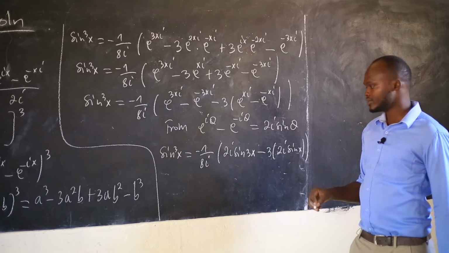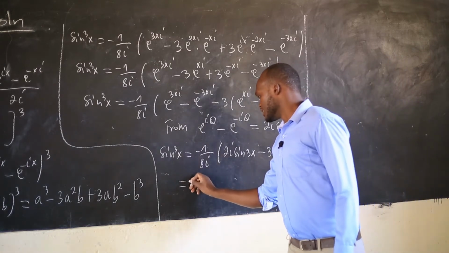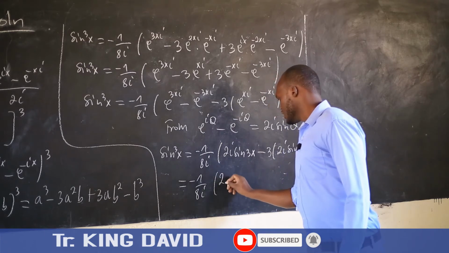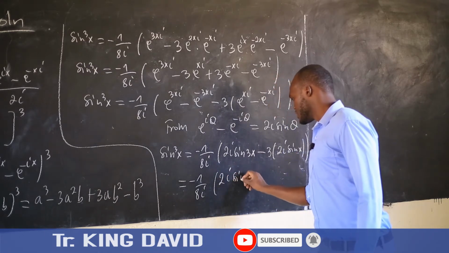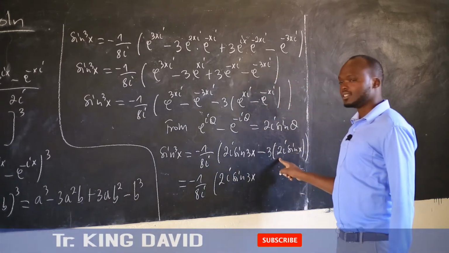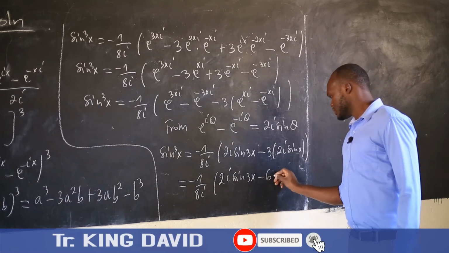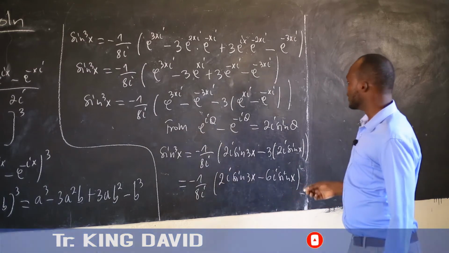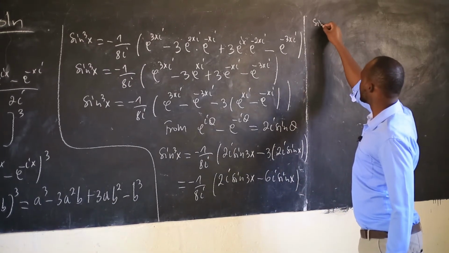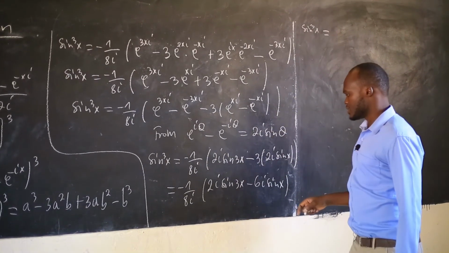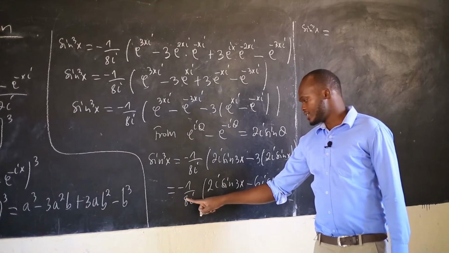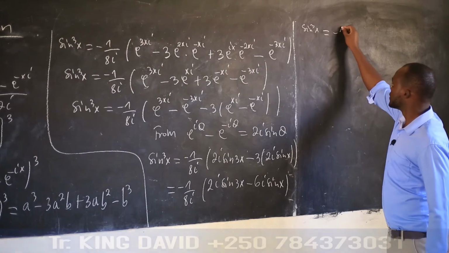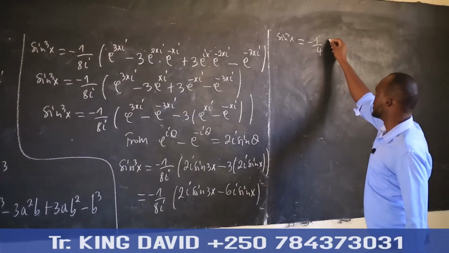Then you close the bracket. So finally, the answer is negative 1 over 8i times 2i sin 3x minus 6i sin x. Then sin 3x: the answer is negative 1 over 8i times 2i, that is negative 1 over 4 sin 3x.